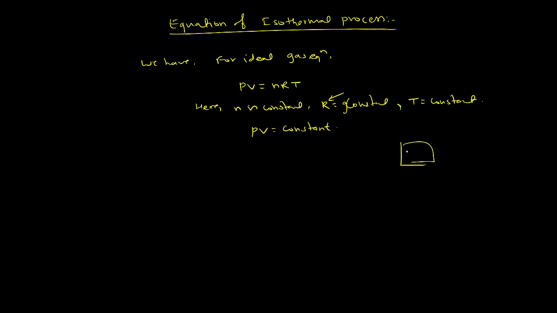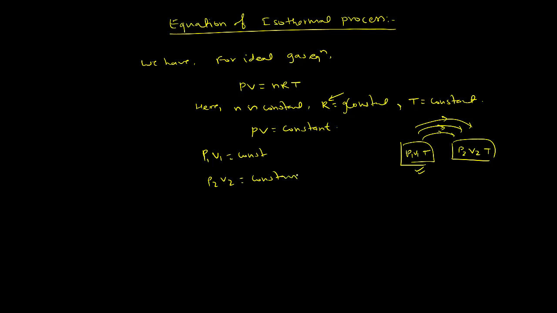If we have a system with P1, V1 and T, and another system in which the pressure and volume change to P2 and V2, and temperature is kept constant from one state to another, then for both systems P1 V1 equal to constant and P2 V2 equal to constant.